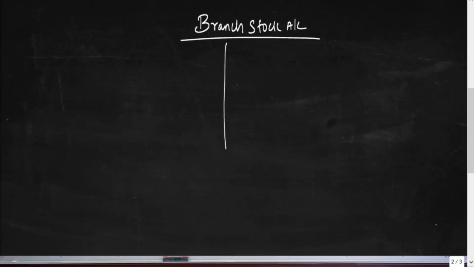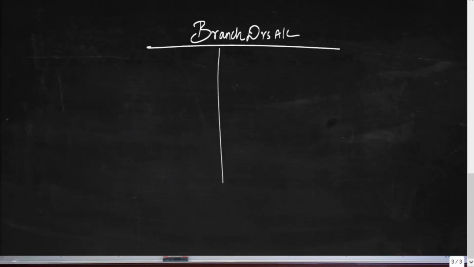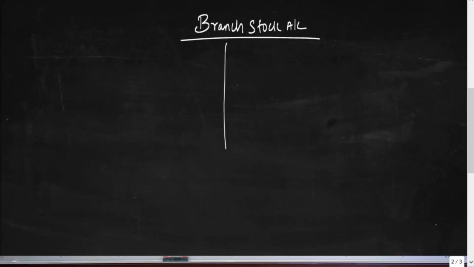Okay, we'll get started. First, let's have branch stock account. Then what is the second requirement? First one is branch stock account. Second is we should have branch debtors account. Then we should have branch expenses account.